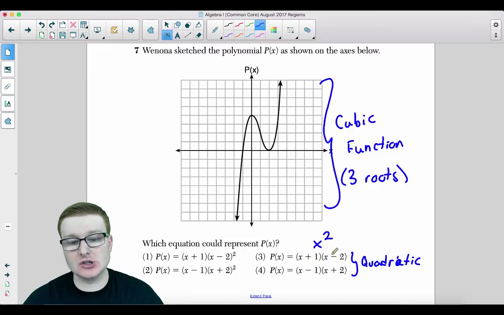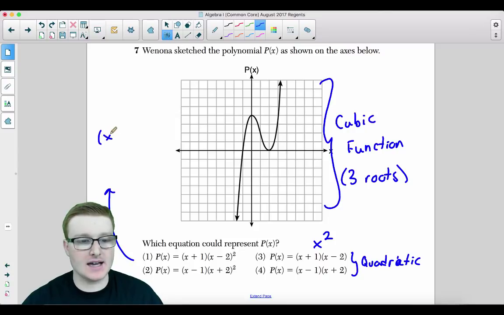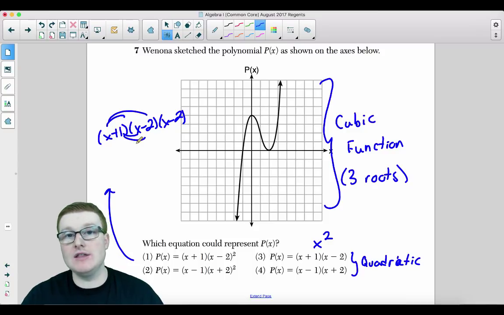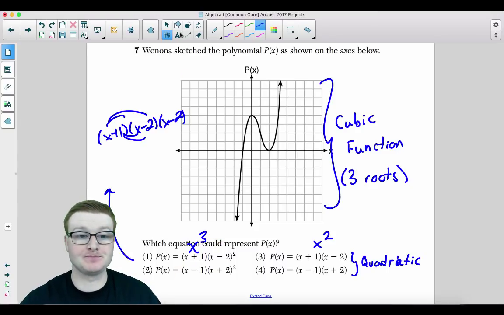And as you can see, there's only 2 binomials. Look at these answers. One of them has a squared as its power. So in other words, choice 1 could be written as x plus 1, x minus 2, x minus 2. It's actually foiling first, then you distribute again. So this will give you an x to the 3rd term, both of these equations down here.